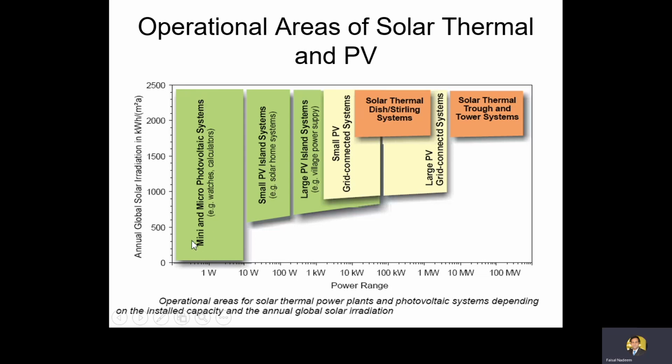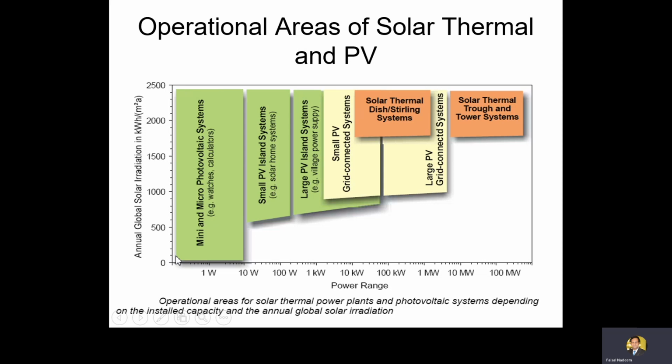So we can easily say that these mini and micro photovoltaic systems are flexible, and their power range is not that high, but they can be operational on very low irradiance levels.